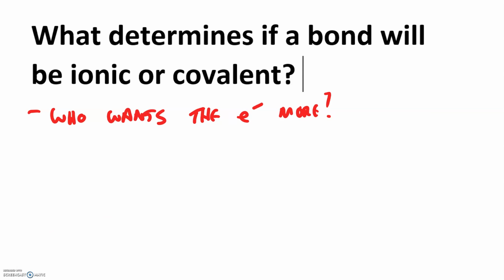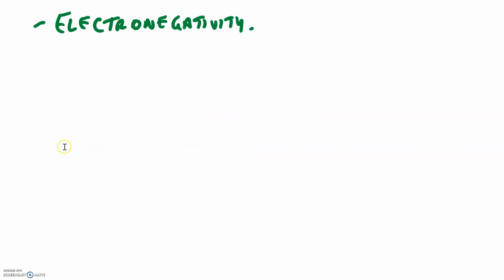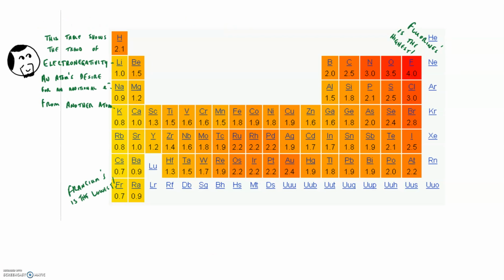And here is how we determine that. A word called electronegativity. And you might remember a table from way back in chapter 5 that looks like this. This is a table of electronegativity.